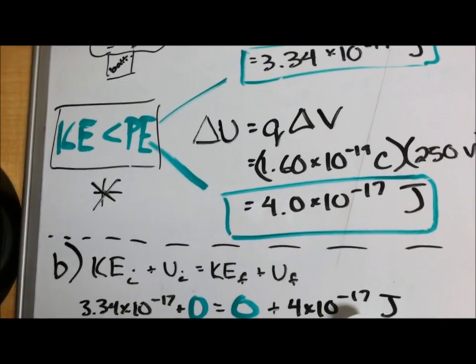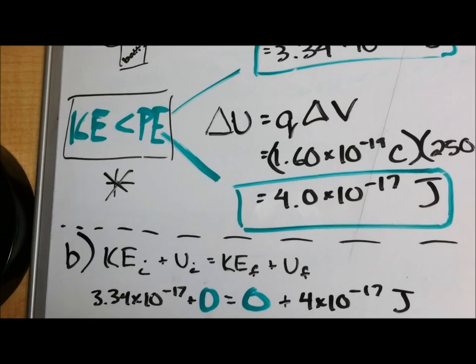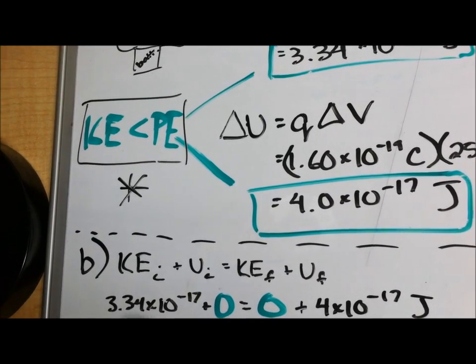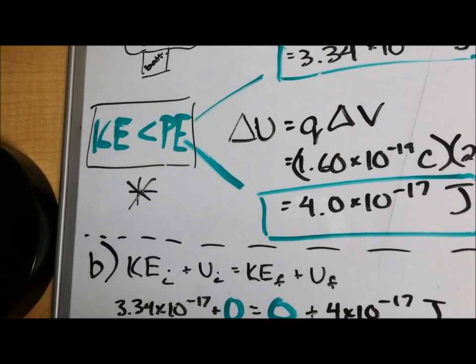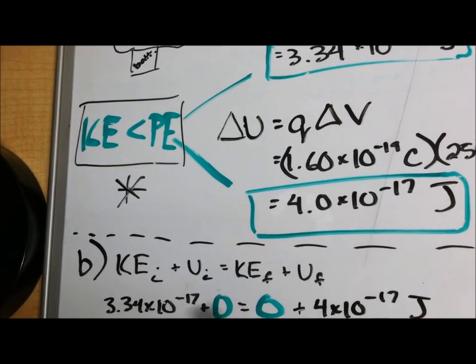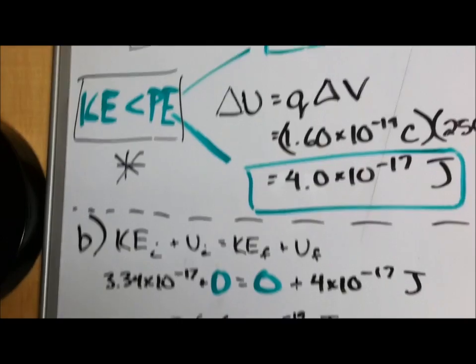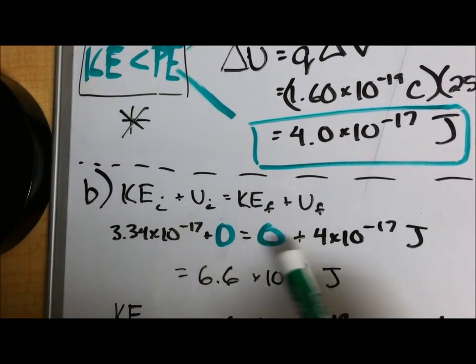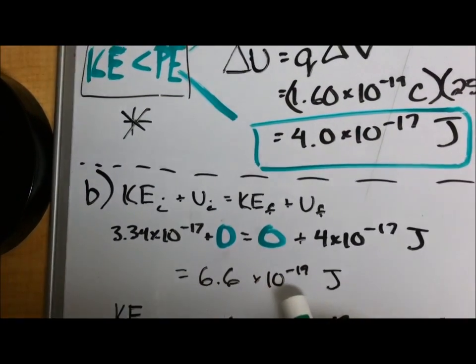So that's going to tell us actually how much more kinetic energy is needed. So we have our kinetic energy and our potential energy. Well, we decided earlier that we had this much more potential energy than kinetic.